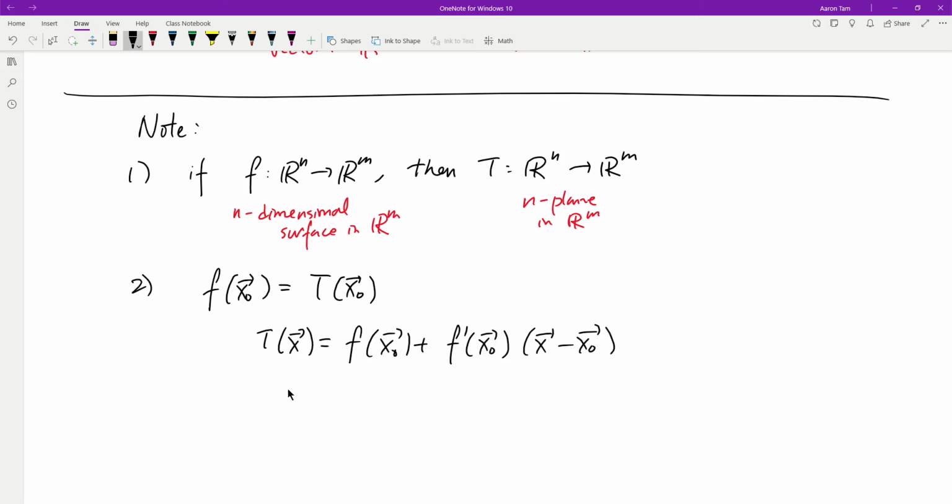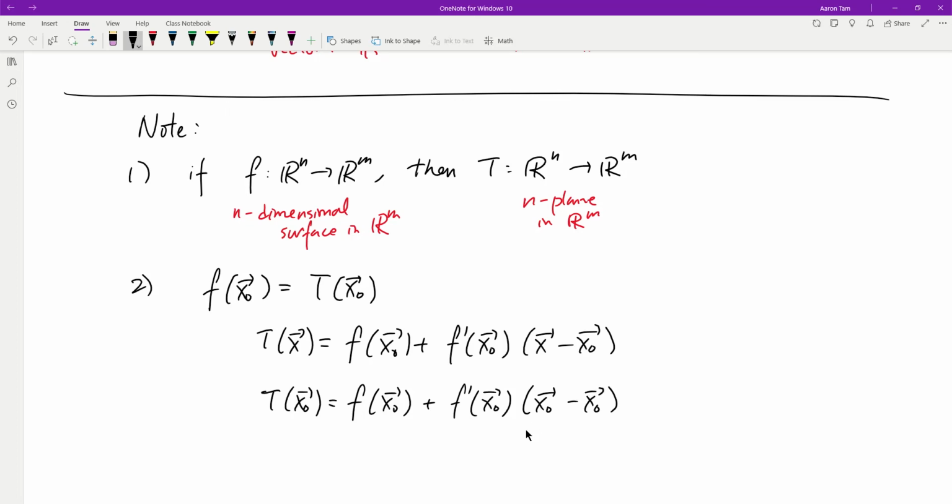If I plug in x sub 0, then T of vector x sub 0 equals f of x sub 0 plus f prime at x sub 0 times x sub 0 minus x sub 0.